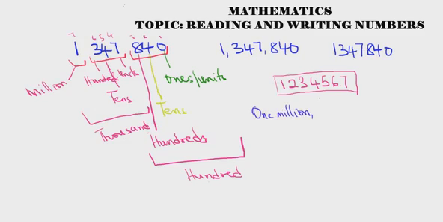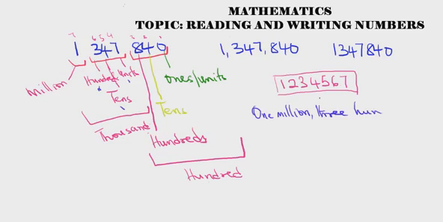Then the next set of three numbers, which is in thousand, I'm going to read together. That's 347. That's why I say this is in hundred, this is in tens, and this is units. 347. So I'm going to write that also in words.